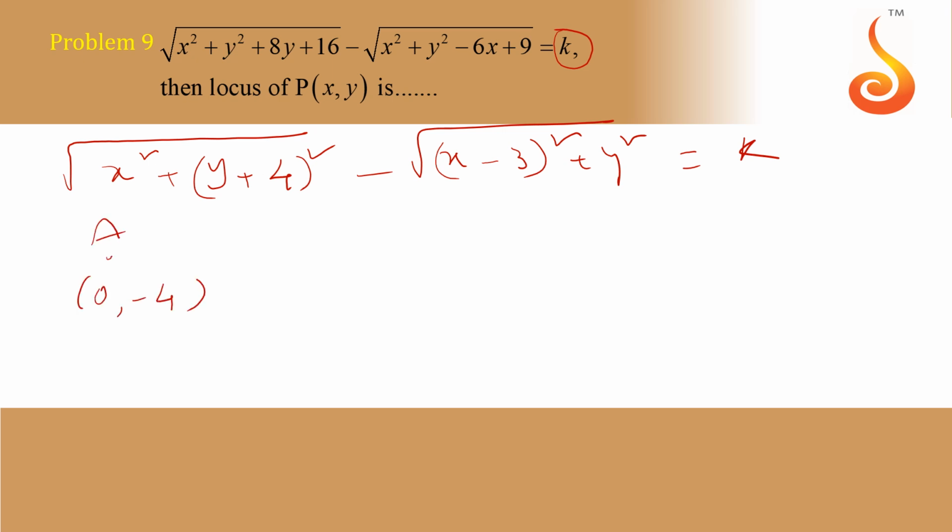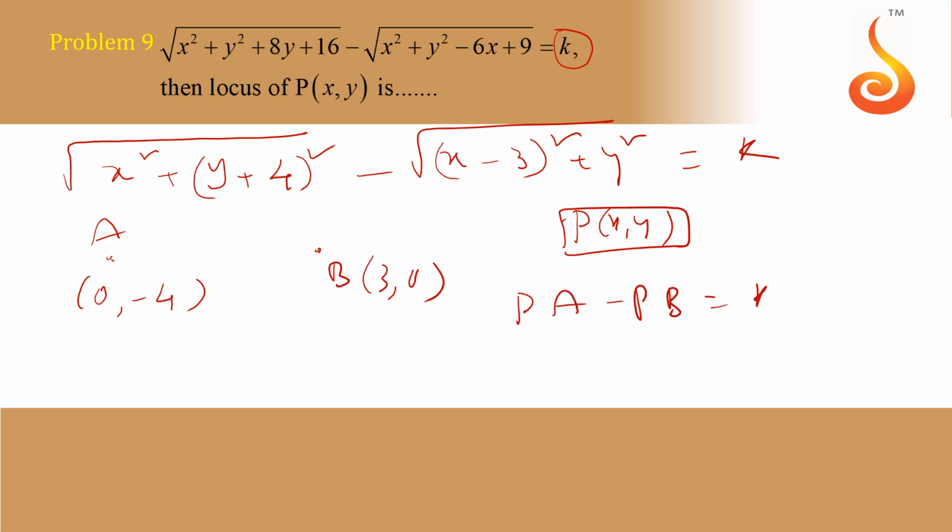Let us take that as A. There is a point B which is 3 comma 0. Now P is a point x comma y such that PA minus PB equal to k. This is the question. So you know that it depends on the k value.